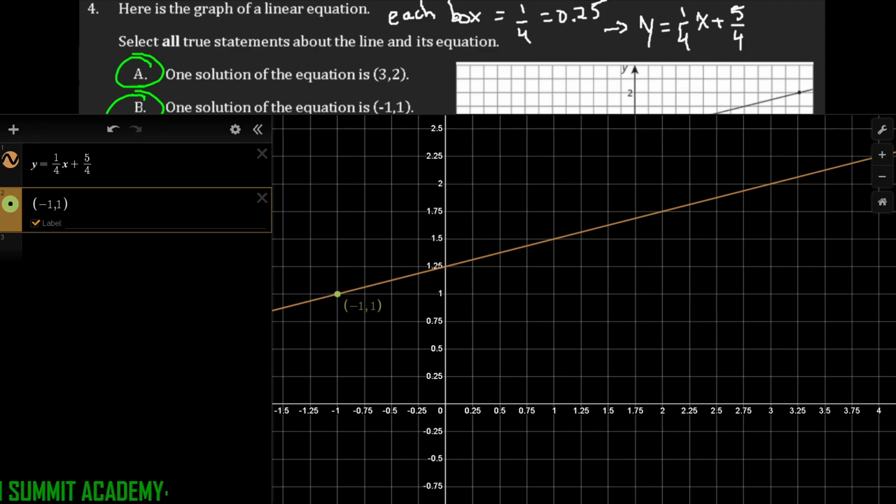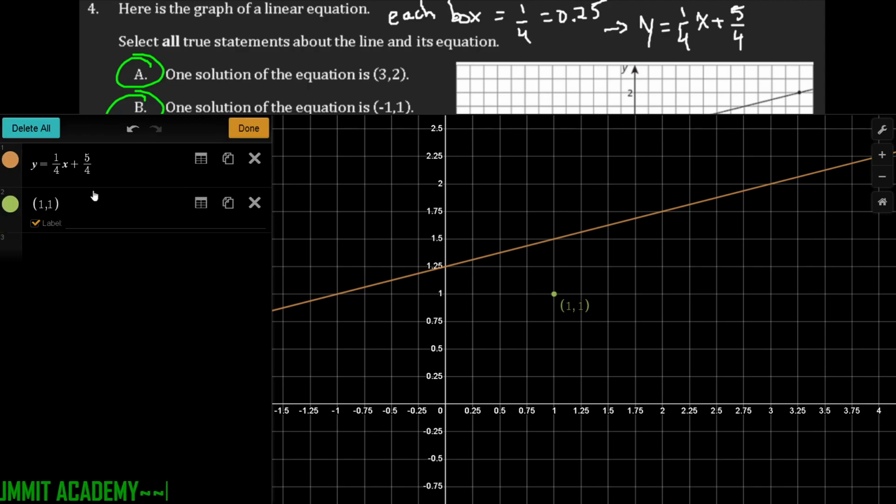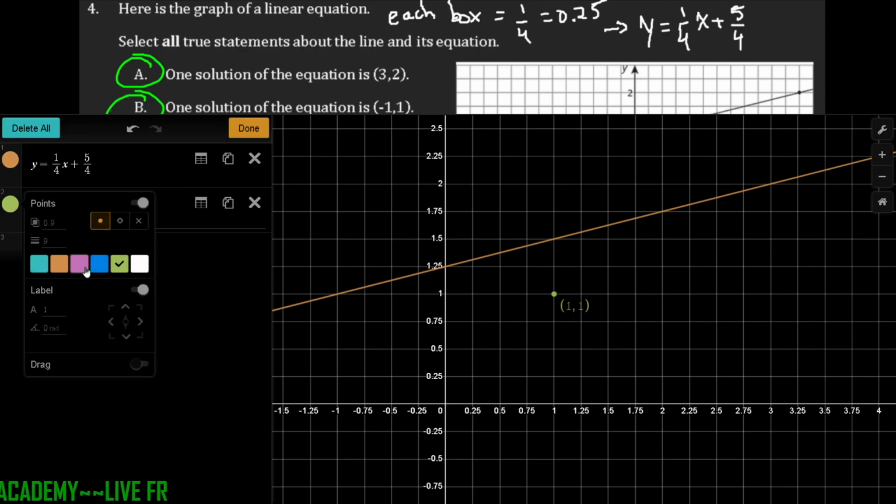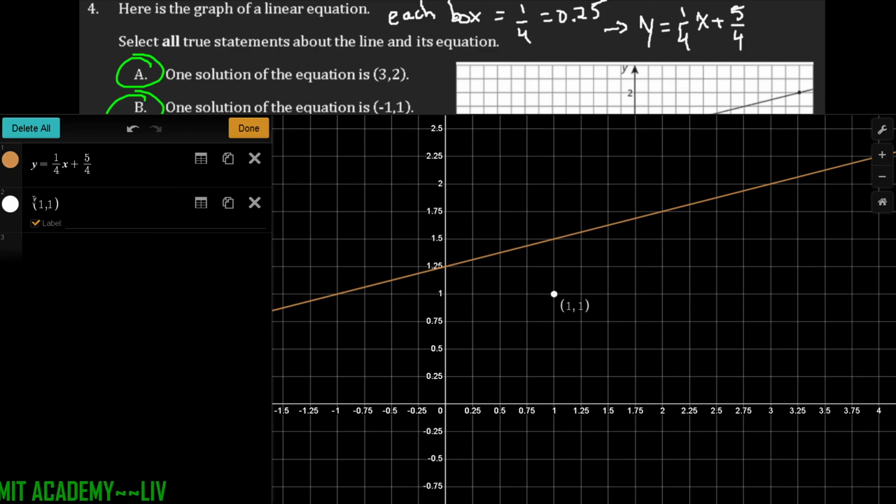What about 1, 3/2? Let's try that one out. We actually changed the color on this one so it's easier to see. Let's do a white.